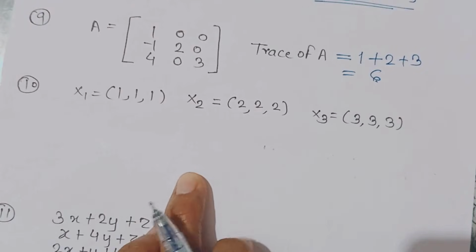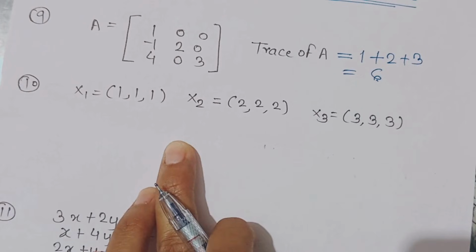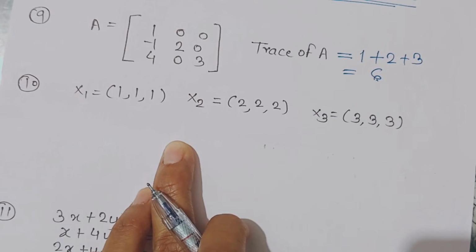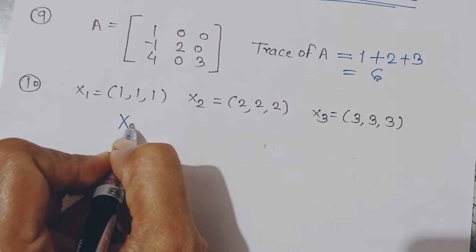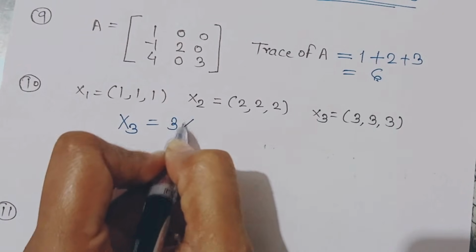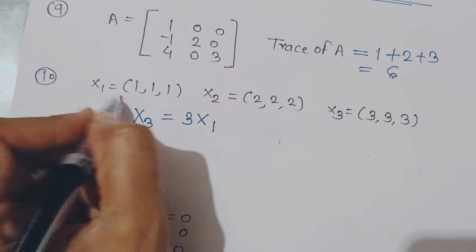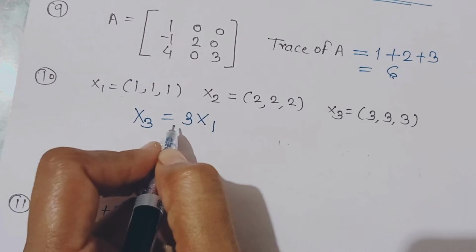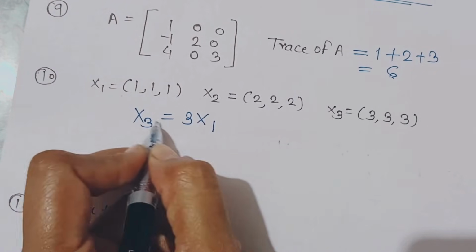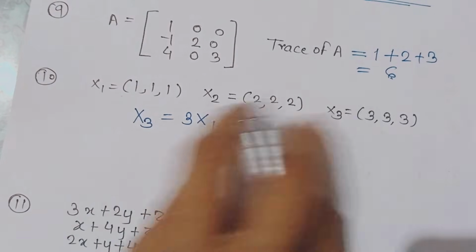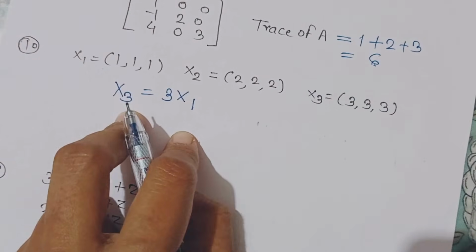Now the next question is, we have to examine the linear dependence and independence of these vectors x1, x2, x3. So clearly we can see that x3 is equal to 3 times x1. If in the given set of vectors x1, x2, x3, there is a relation between any two vectors, then those vectors are called linearly dependent.